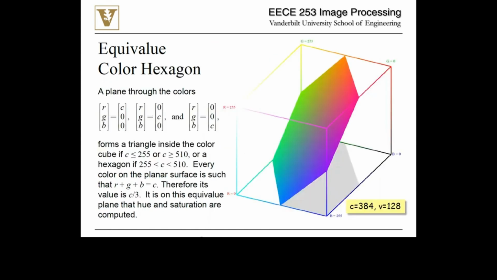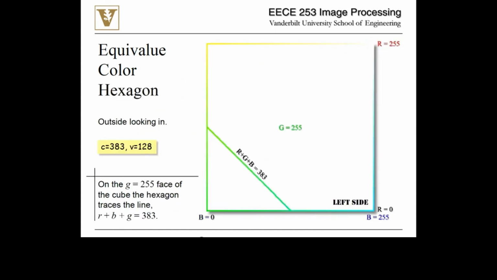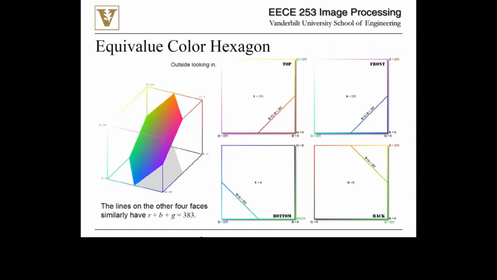So instead of looking at G equals 0, I can look at G equal 255. That is another plane. And now this would be the face that I have to extract. And that is what I get. Now the origin is here.